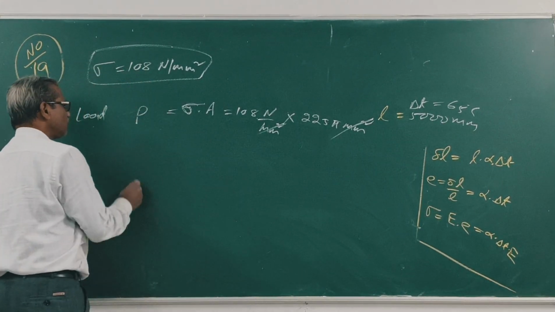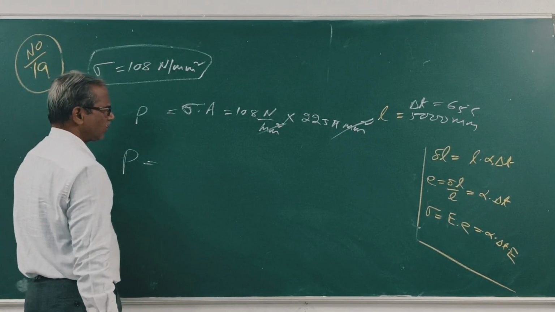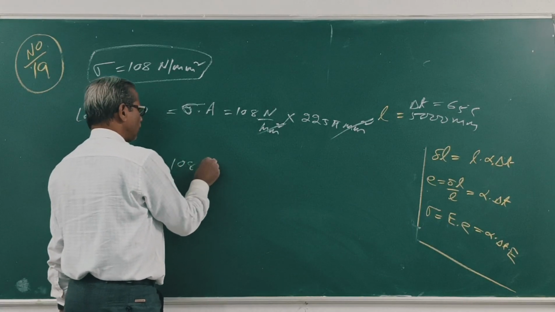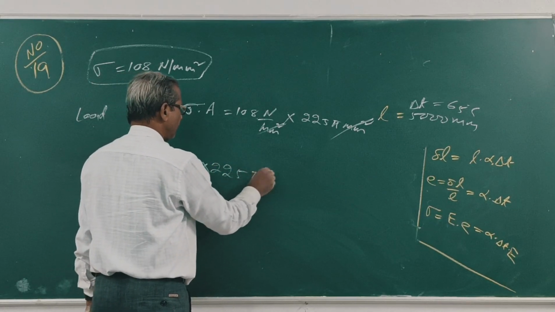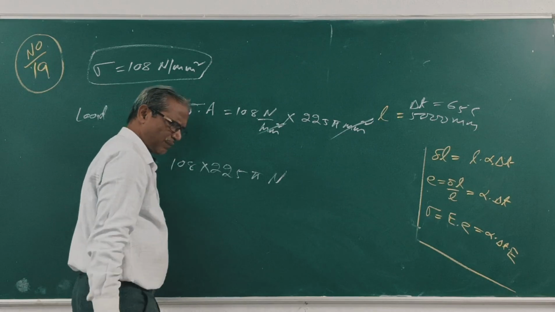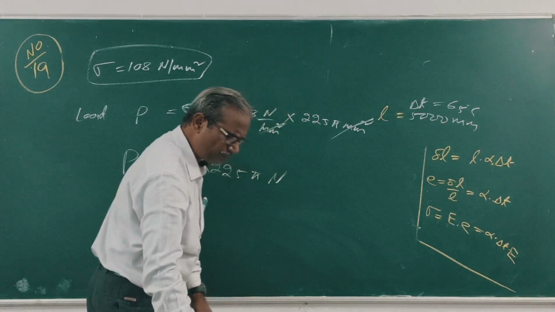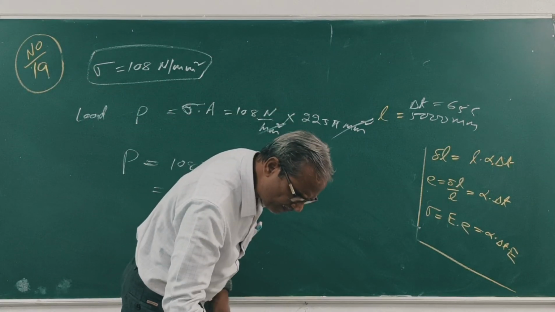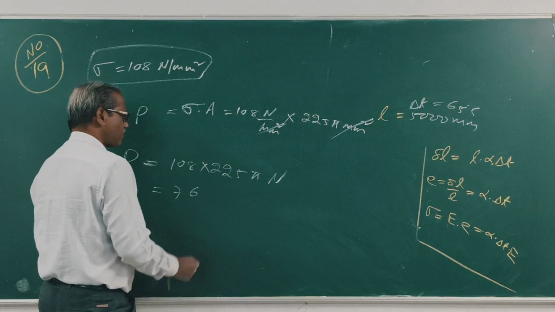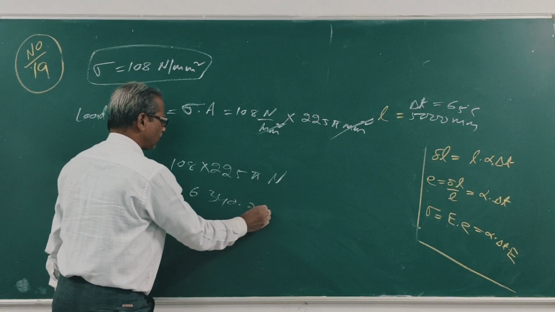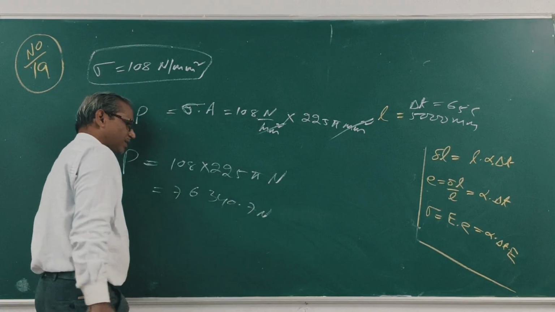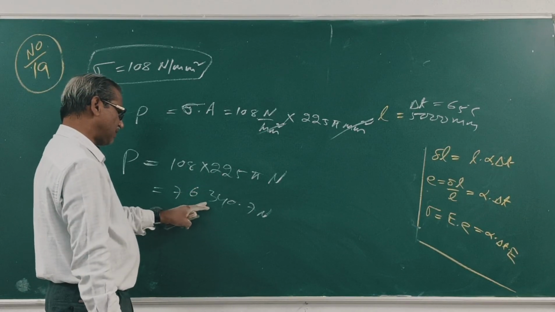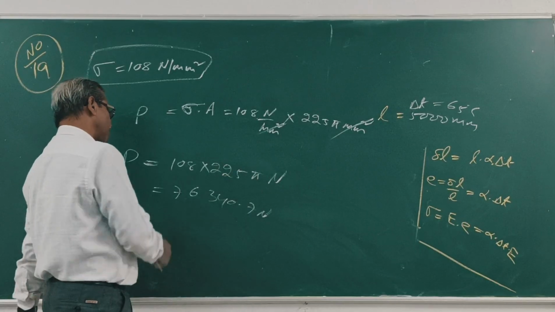Mm square cancels, so P is equal to 108 into 225 pi Newton. Clear? This is the answer P. Use a calculator, multiply this, and you get the answer 76340.7 Newton. Right?